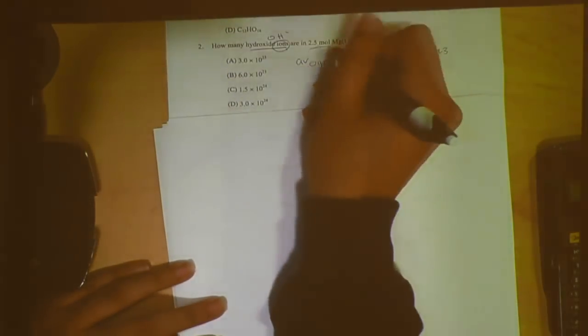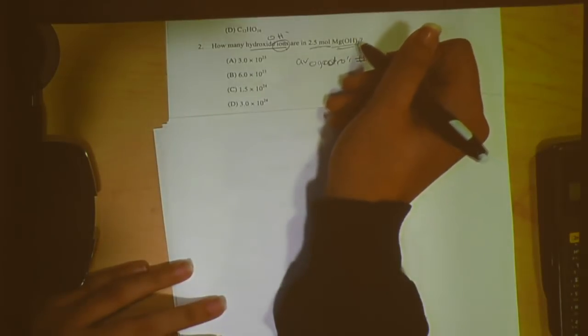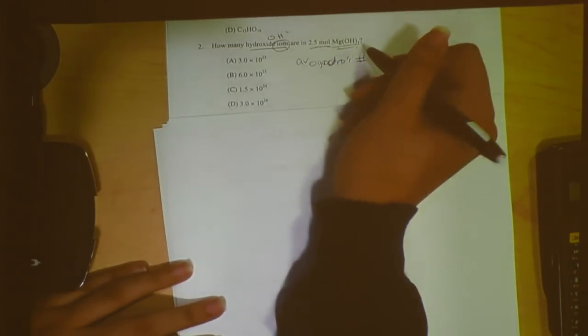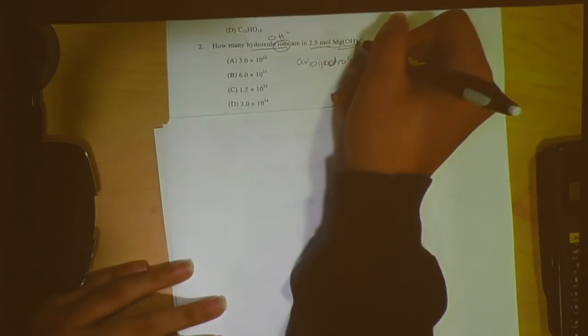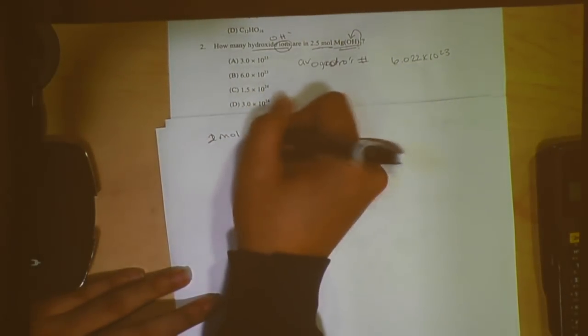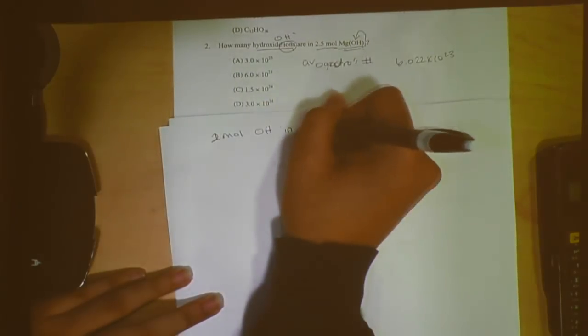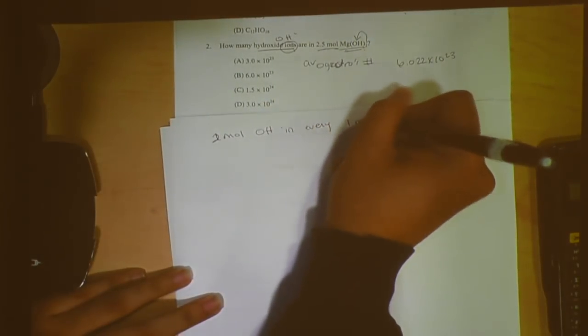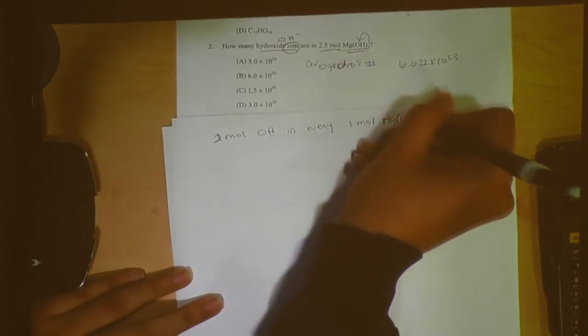So you already have it in moles. Because it's Mg(OH)2, the 2 goes into the OH. That means I have 2 moles of OH in every 1 mole of Mg(OH)2. And how did I get that?